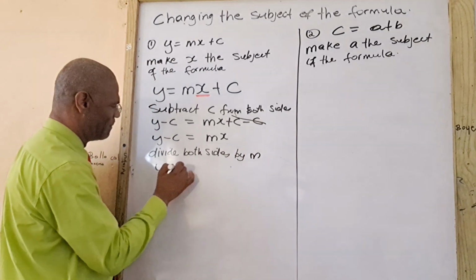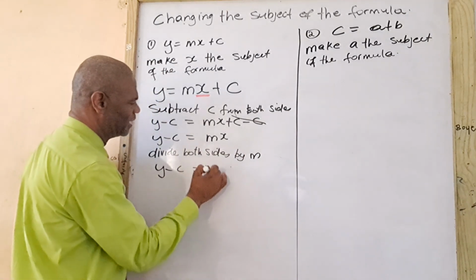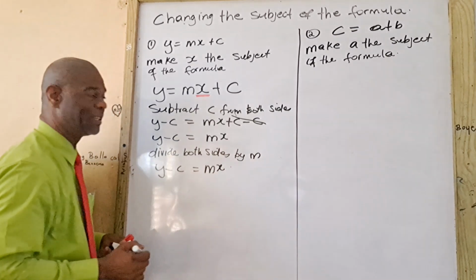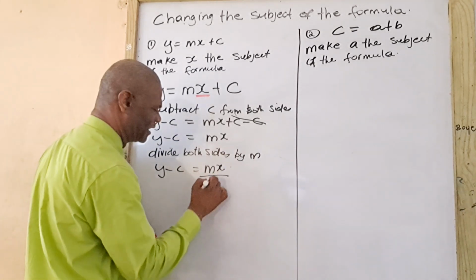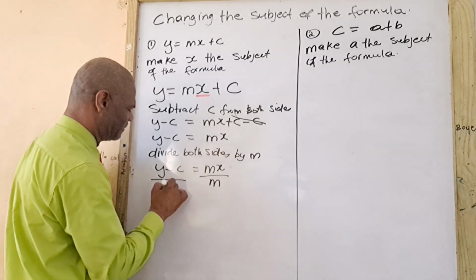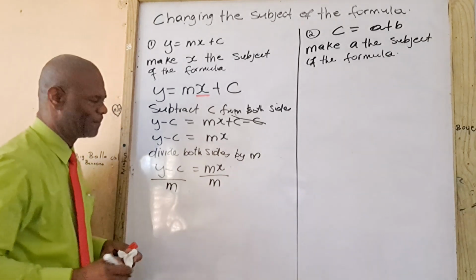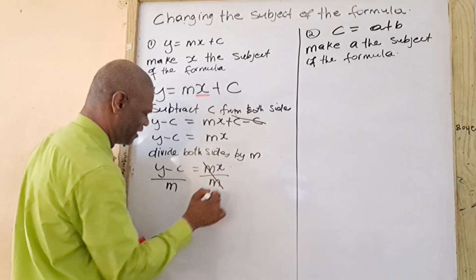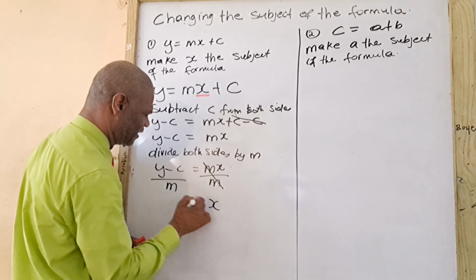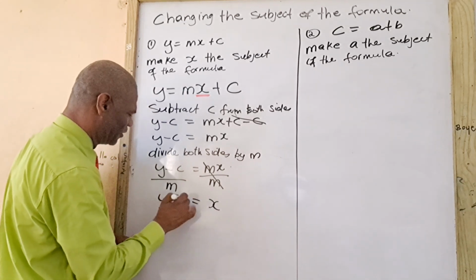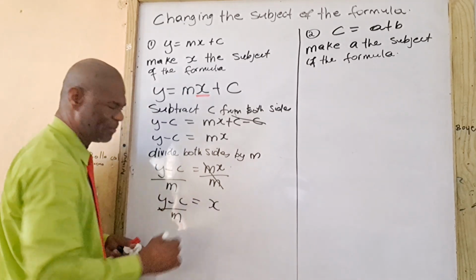We have y minus c equals mx, so we divide this side by m, and that side by m. The m's cancel, and we're left with x equals y minus c over m.